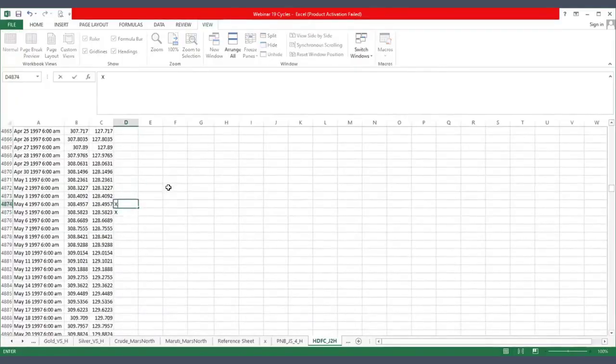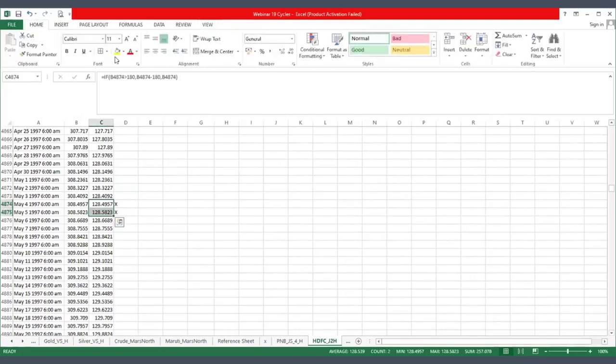So we have reached 128 degrees again, and this one is 4th or 5th of May 1997. Let's go and check on the chart.